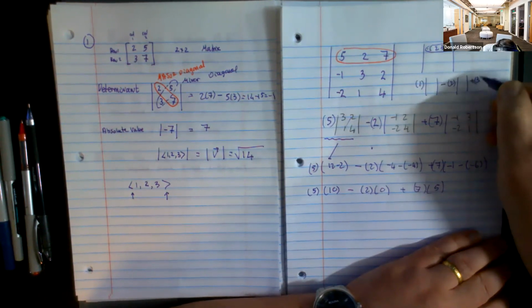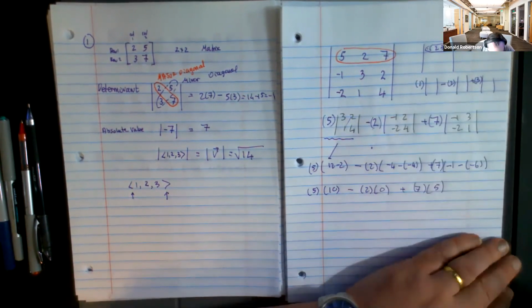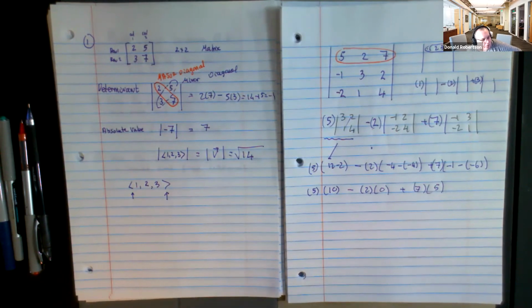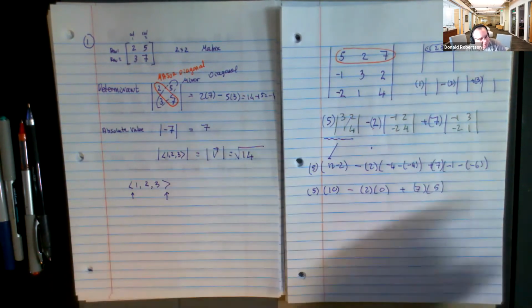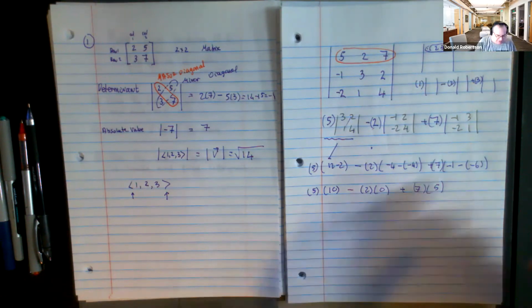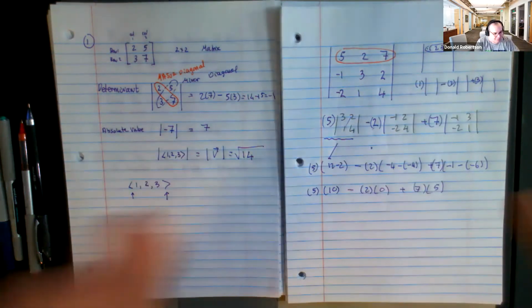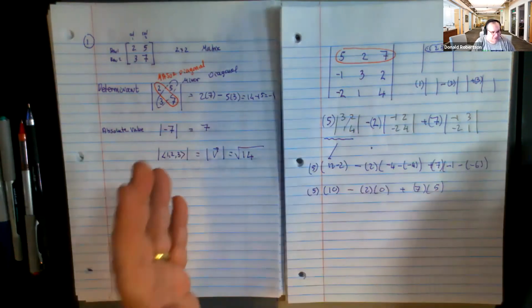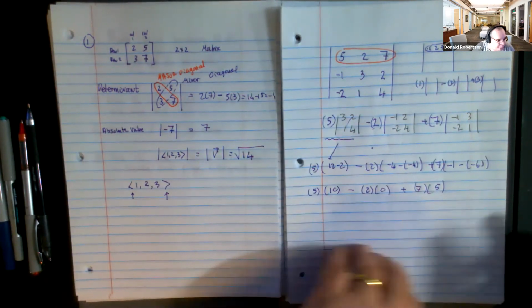Then you add the third one, 3x3, and then you take away the fourth one. So it has this plus minus pattern forever. You don't notice it until you've done 3 or more. If you did 10, it would be first, take away second, plus third, take away fourth. And a 10 by 10 would turn into 9 by 9s, which would turn into 8 by 8s. Oh God, forget it. Computers, right?